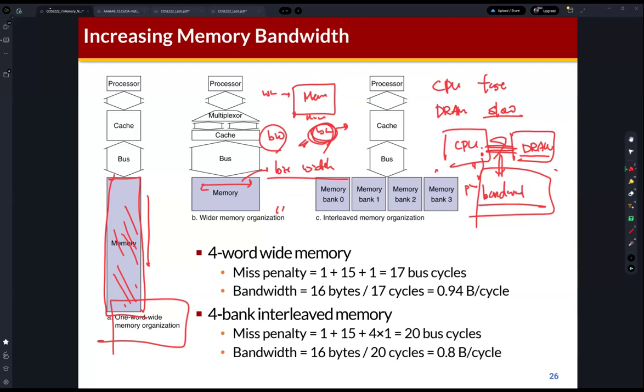And in order to reduce this time, we can just increase the number of bit lines, but the cost matters, okay? Because of the cost, it's not a realistic approach. And what is the possible solution?